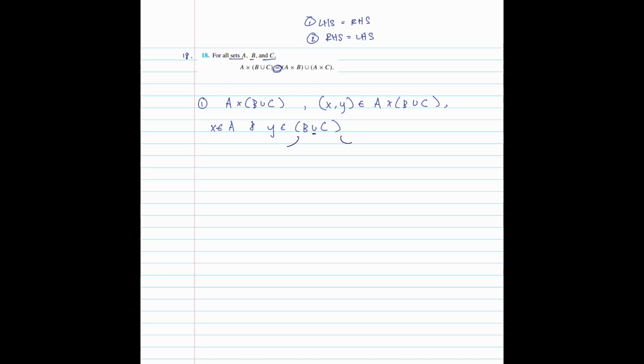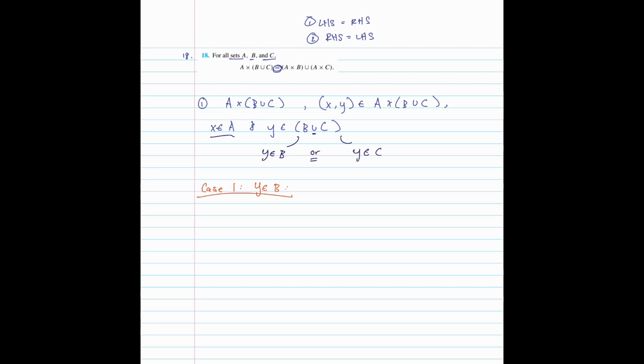So the cases will be Y is an element of B, or Y is an element of C. And this X is an element of A stays constant. So let's start with the first case where Y is an element of B.